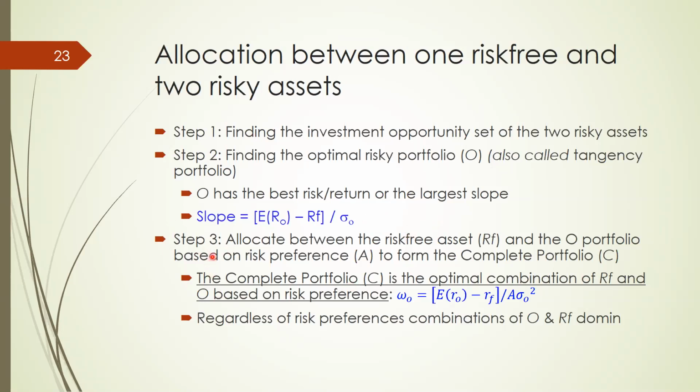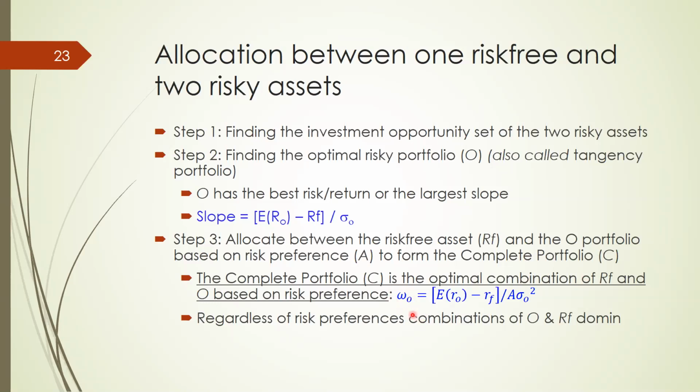So step 3, we will be using allocation problem 1 to allocate optimally between the risk-free asset and the O portfolio based on the risk preference of the investor in order to form the complete portfolio. So the complete portfolio is the optimal combination of the risk-free asset and the O portfolio based on the risk preference of the investor, based on the formula we introduced in an earlier lecture.